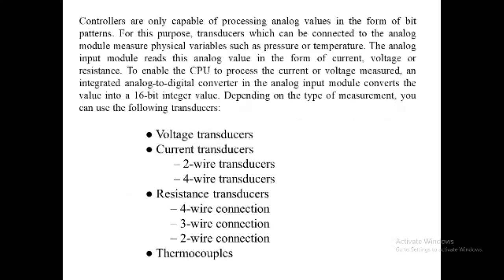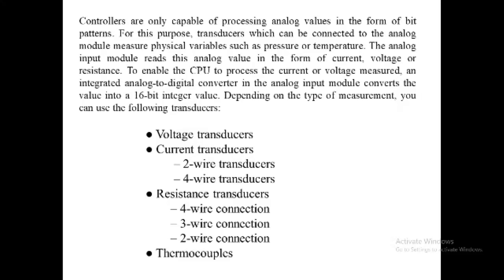The analog input module reads this analog value in the form of current, voltage, or resistance. To enable the CPU to process the measured current or voltage, an integrated analog to digital converter in the analog input module converts the value into a 16-bit integer value.